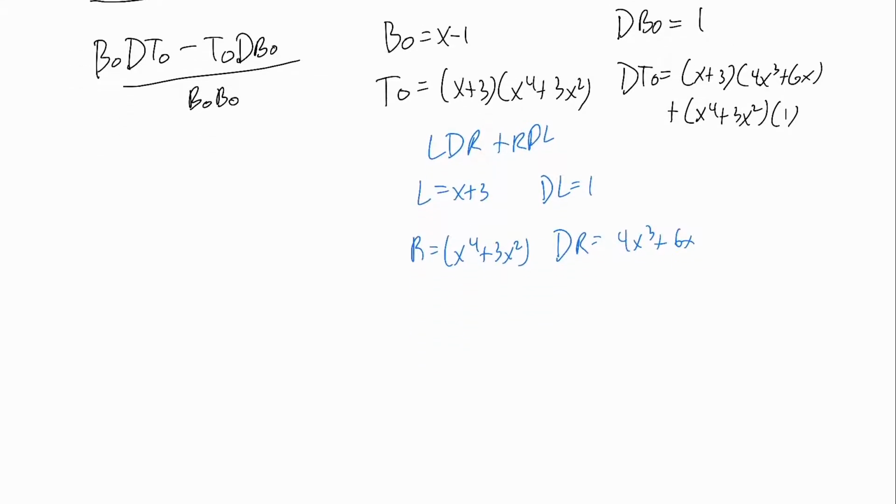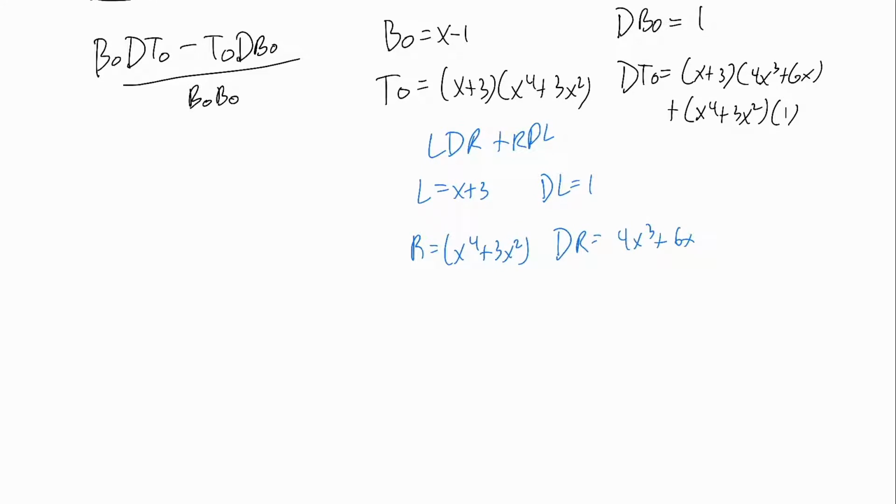So if we throw our bottom, D bottom, D top, etc. all together, we get x minus 1 times, and now this has to all be in parentheses, the derivative of the top, which is x plus 3 times 4x cubed plus 6x plus x to the 4th plus 3x squared times 1, close parentheses.